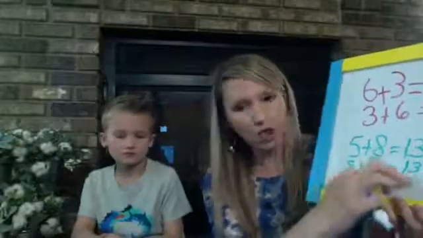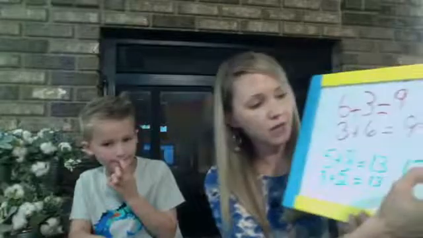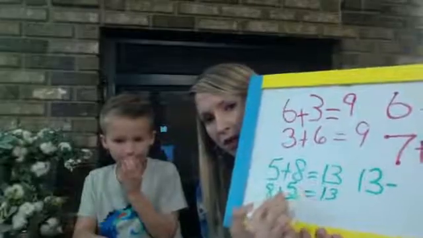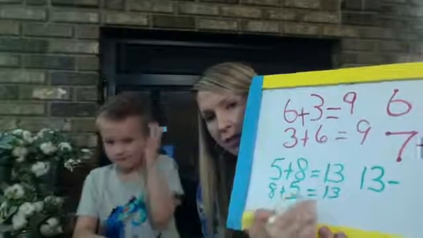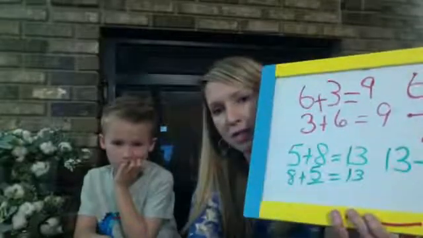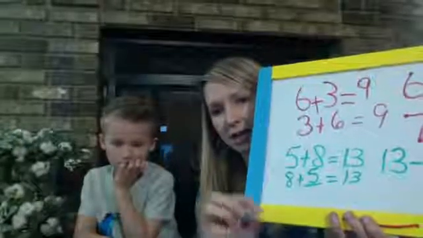We have 13 in all. So I'm going to put 13 in all. And we're trying to take away. And so we were trying to figure out what this one would be. We already knew that we had this number. So I'm going to do take away 8 because we already had that number.